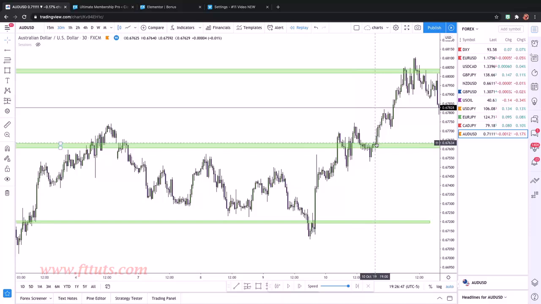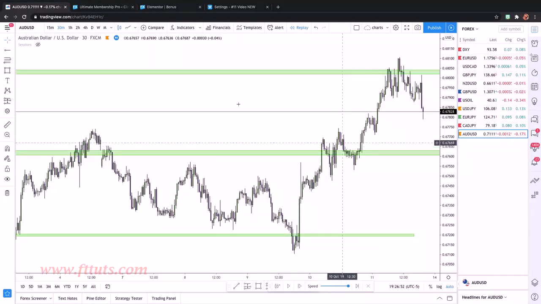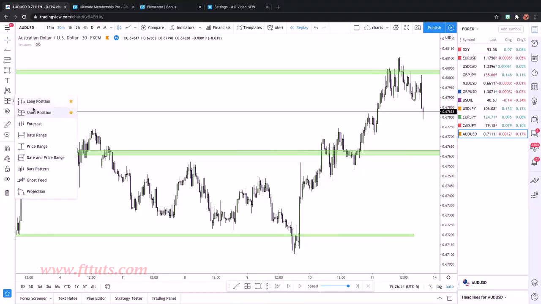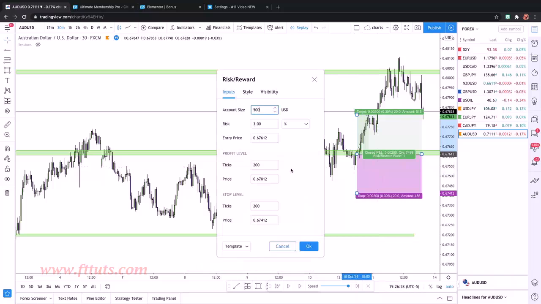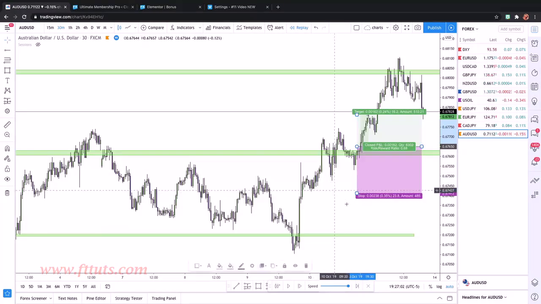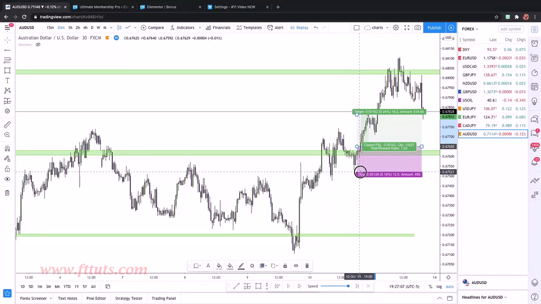So then we have a test, and then another, and then we continue. So right in this area, we can take a buy position. So 67, 650. We can put a stop loss right below, and then we have a target up here.